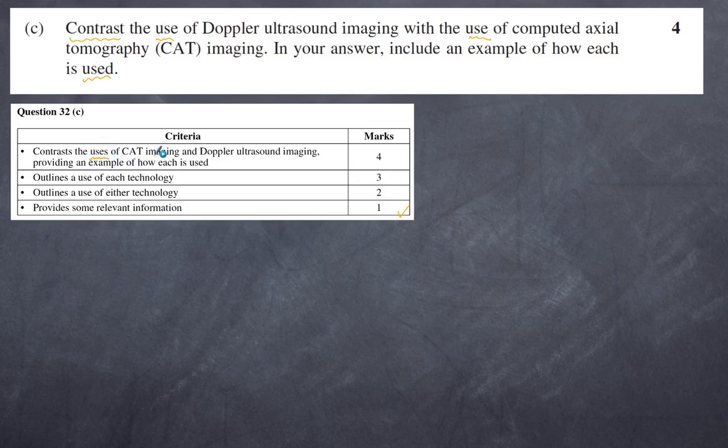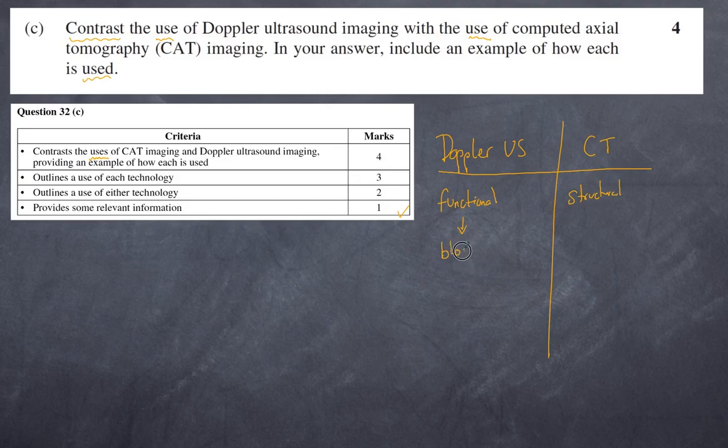Now we've got multiple uses of CAT scan imaging and ultrasound imaging, and we must provide an example of how each is used. And really, in terms of the use, if we're going to divide the two up, often a table can be very useful. So if we divide our table into ultrasound, Doppler and CAT scans, first of all, Doppler ultrasound gives us functional information, whereas CAT scans give us structural information.